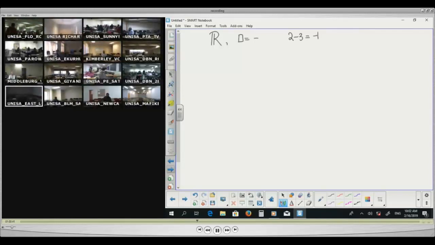What you are thinking is 2 minus 3 is 2 plus minus 3. No. Okay? So this is not commutative. So every binary operation need not be commutative. It is not associative also. So every binary operation need not be commutative, need not be associative.